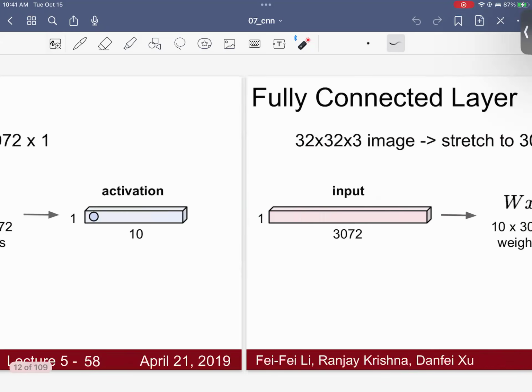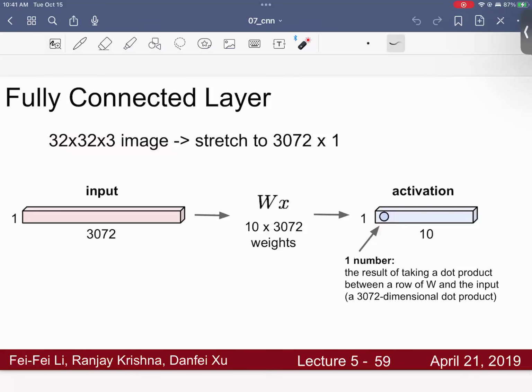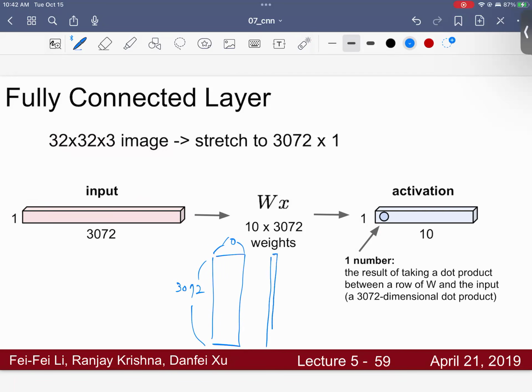If you think about what this first value means, you simply multiply this vector, which is 3072 long, the image, with this matrix, which is 10 by 3072. So this is the input, this is the W, and you simply multiply it, right?